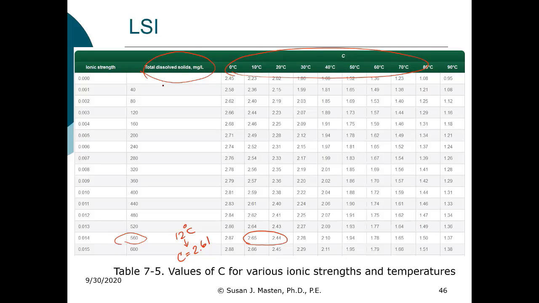You can see for a given temperature, as the total dissolved solids increase, so does C. And as the temperature increases, you see that C decreases. So what I did was, we're at 12 degrees. I don't have a value here. I interpolated between these two values and determined the C value to be 2.61. So that's where that 2.61 comes in.